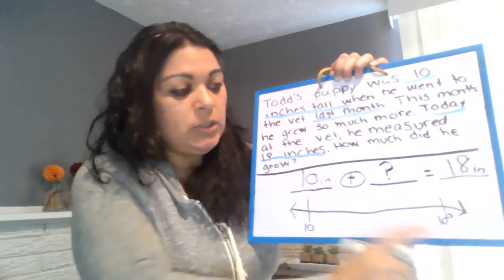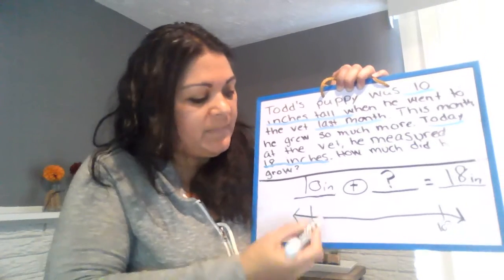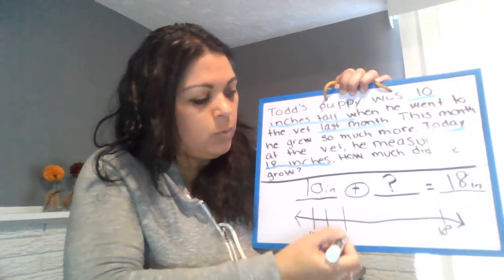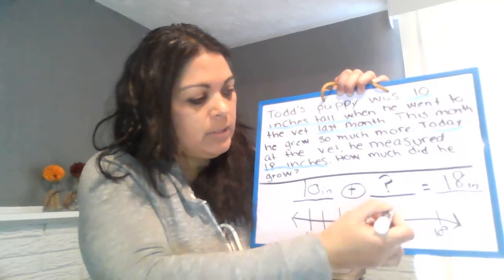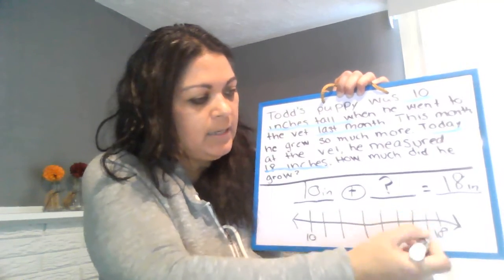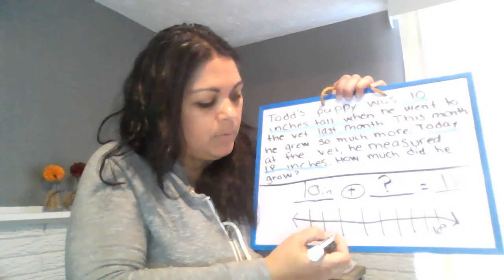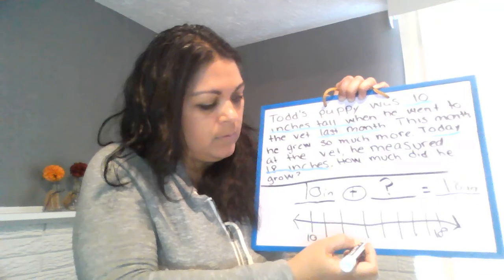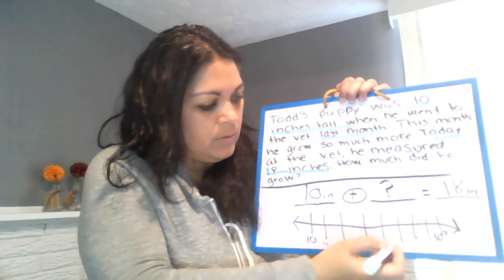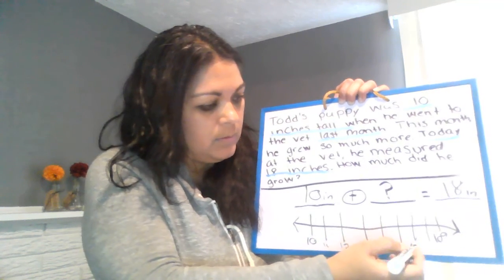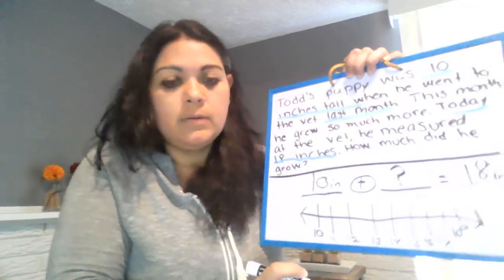So all we have to do is fill in those lines here. 10, 11, 12, 13, 14, 15, 16, 17, 18. Go ahead and fill in those numbers. I filled in.